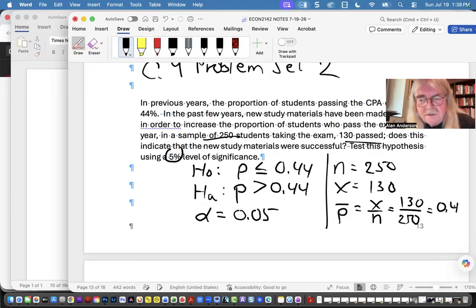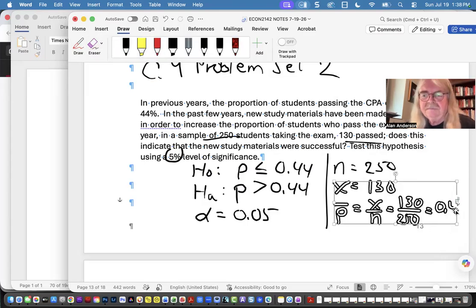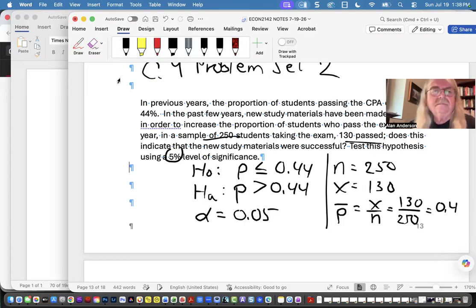No, sorry, that's 0.52, which sounds quite a bit higher than 0.44, doesn't it?